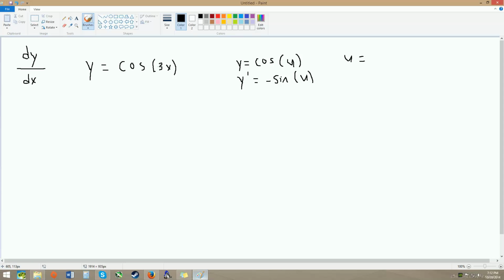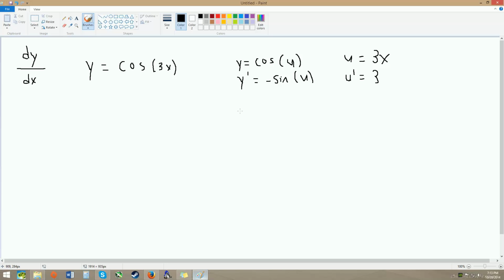So we have u here. u is going to be equal to 3x because that's the inner, right? Because cosine u, 3x. So obviously u has to equal 3x. So what's the derivative of u? Well, it's 3. Okay? So now to solve a chain rule, you have to take the derivative of the outer function and multiply by the derivative of the inner function.